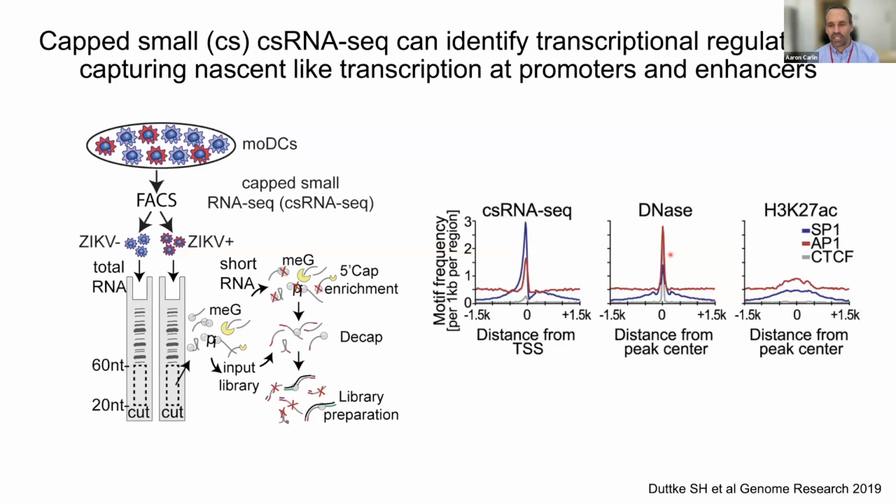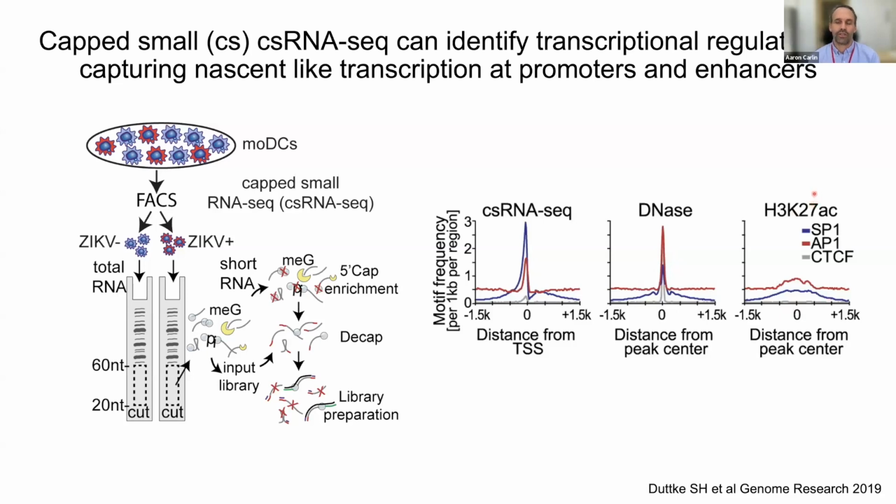So in a DC that is infected, we don't see huge changes in DNase or ATAC-seq peaks. Also, the change in the peak doesn't always tell you whether there's an active promoter or active enhancer underneath. It just tells you about the chromatin landscape. So there are positive things about DNase or ATAC-seq, but some negatives.